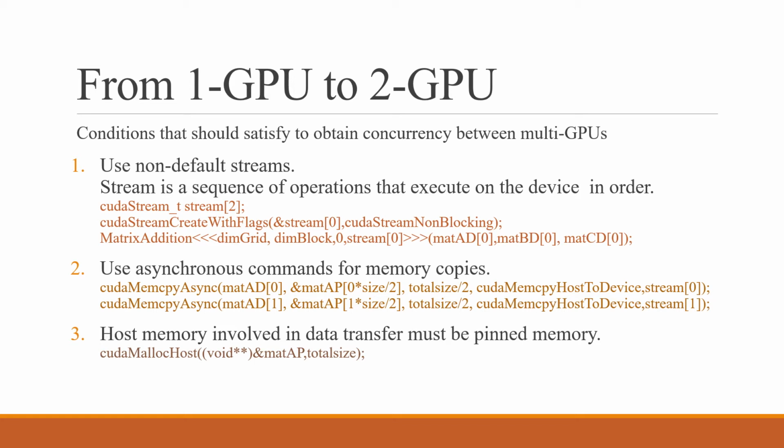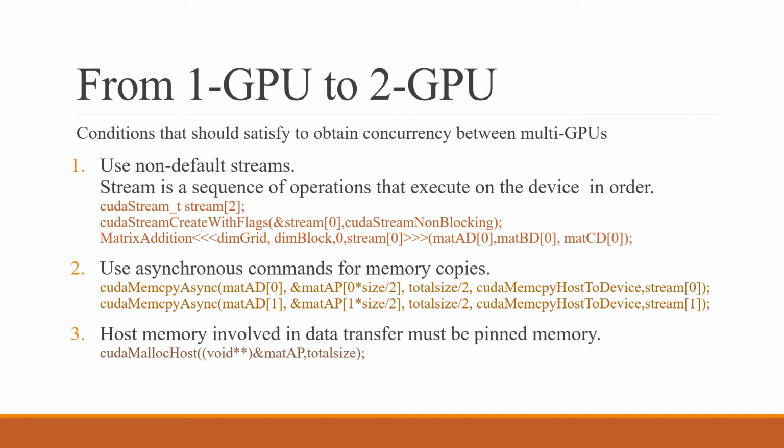And whenever I create streams and need to execute the kernel function, which is the GPU function, I have to specify which stream I'm using. So in this command I'm using stream 0, which is my first stream, and it's non-default. Using non-default streams, the parallelism that I need can be achieved.